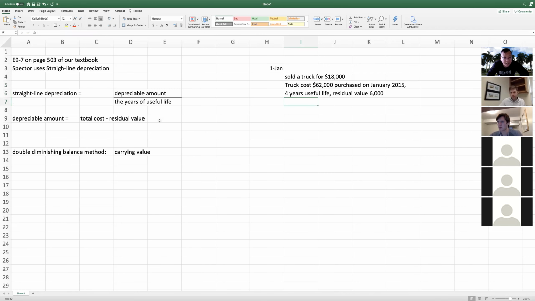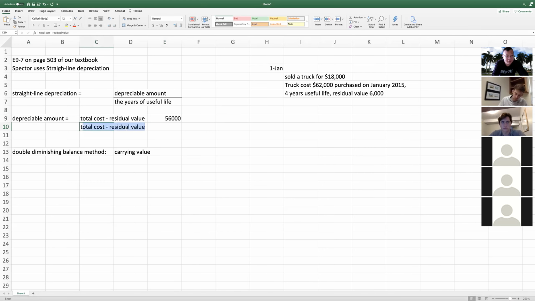Okay, so now I know my total cost is the cost you paid originally when you purchased on January 2015. So that's 62,000, right? Minus your residual value that's provided, 6,000. So the depreciable amount is 56,000, okay? And it's for how many years of useful life?